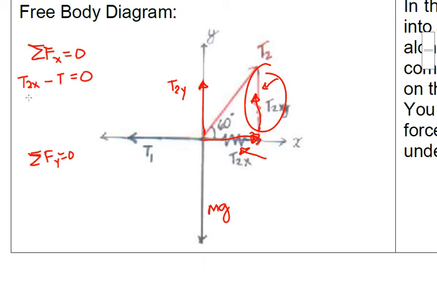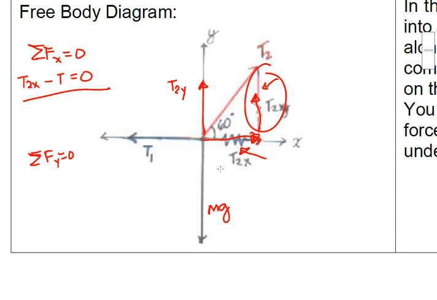Can we find the tensional force using this formula? Well, no, because you have here two unknowns with one equation. So that is why we have to move forward, and we are going to take the sum of forces along y. So what are the forces along y?